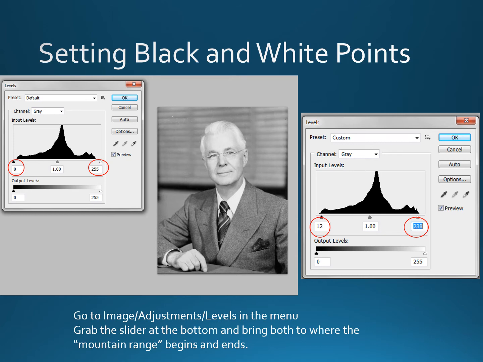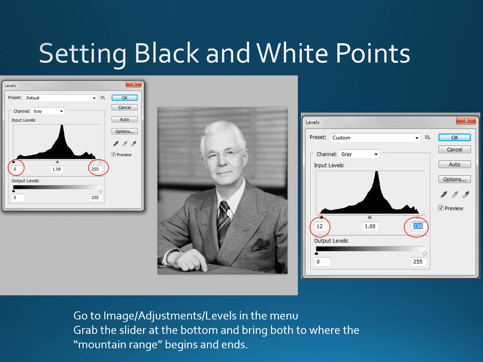Here is our original histogram, and what this is doing, it's graphically showing us how many different tones, basically, of, in this case, grays, black and whites that we have in this grayscale image. There are 255 points along here. At the far left, everything down in this end are going to be your darker tones.